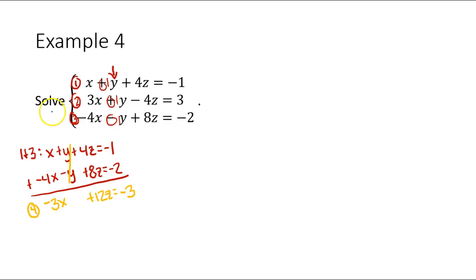All right, now let's consider equations 2 and 3. And again, I will be eliminating y. We have 3x plus y minus 4z is equal to 3, and -4x minus y plus 8z is equal to -2.